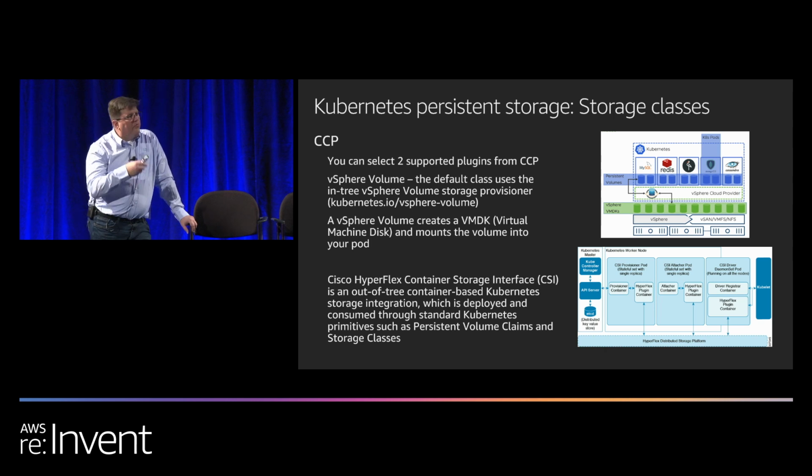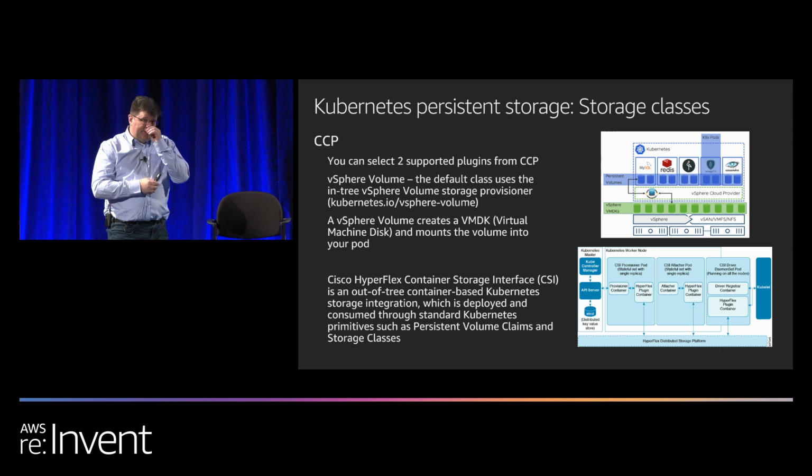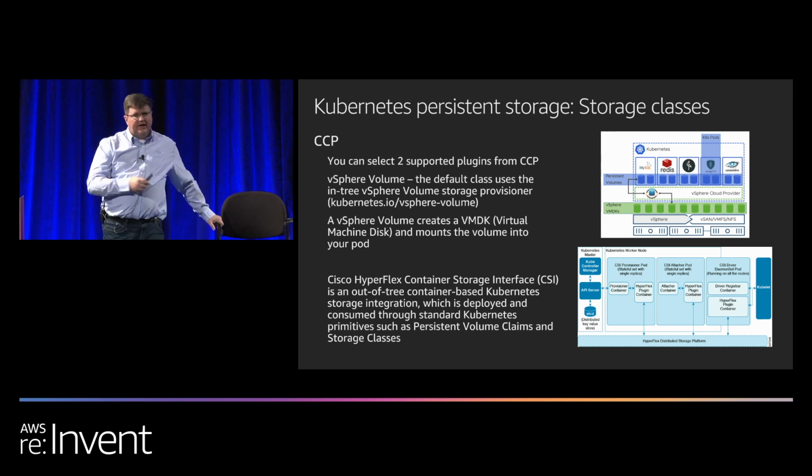When you do that, we automatically provide the vSphere volume plugin. So when you create a cluster and use the vSphere volume plugin, it will create a VMDK file and attach it to the virtual machine instance you're running, and that becomes the persistent storage for that node.